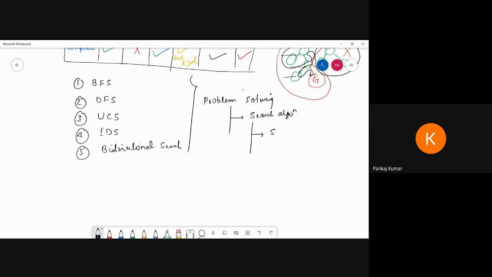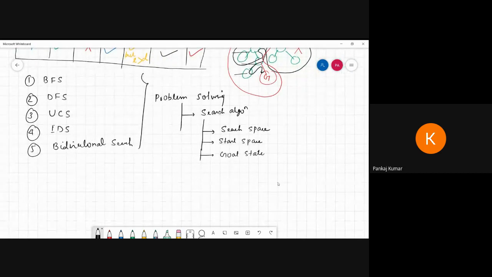In a search algorithm, we are discussing the search space, then the start state, then the goal state. These are the terminology we can follow.